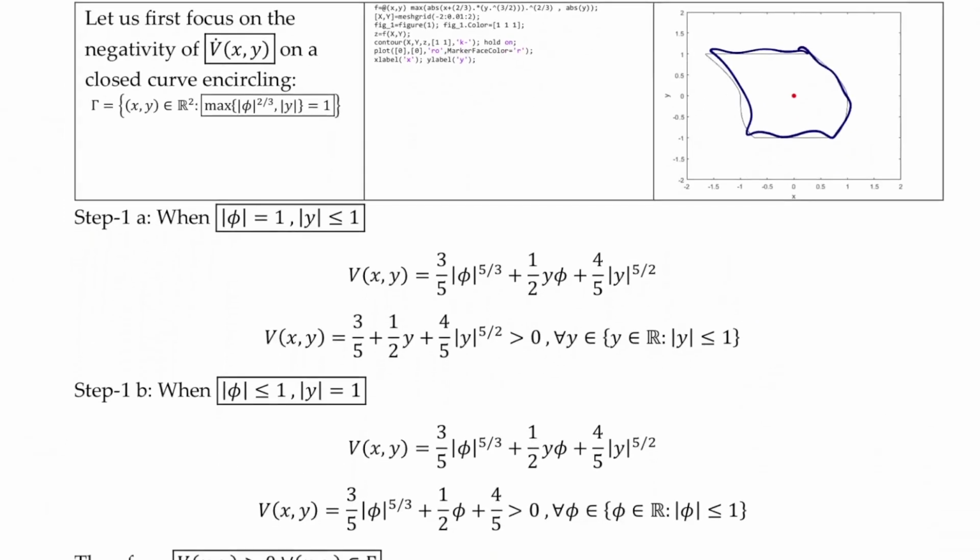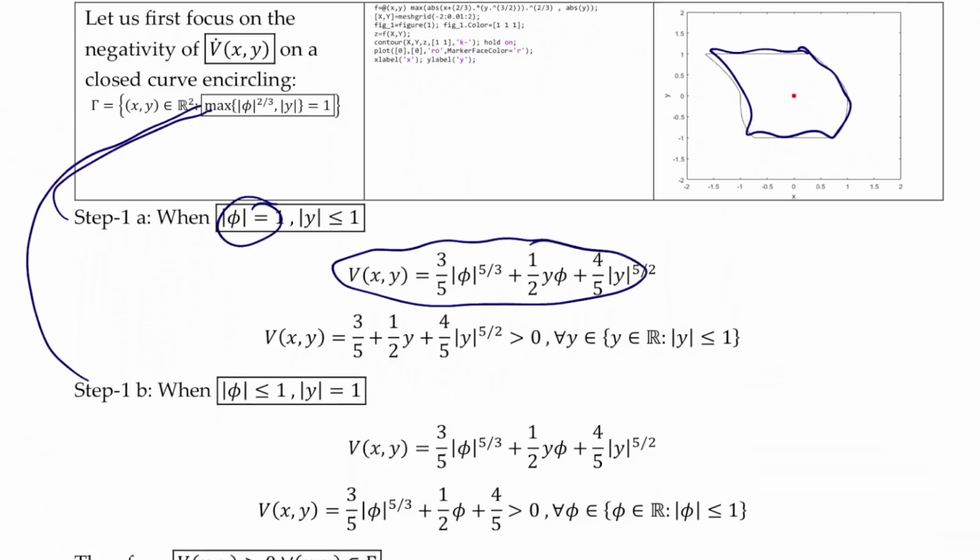So if you look at that expression, there are two sub cases that you should analyze, one of them is that case and the other is that case. When that happens, V takes this form. Remember, we are trying to prove that V is positive and V dot is negative, but let's focus on V being positive in R2.